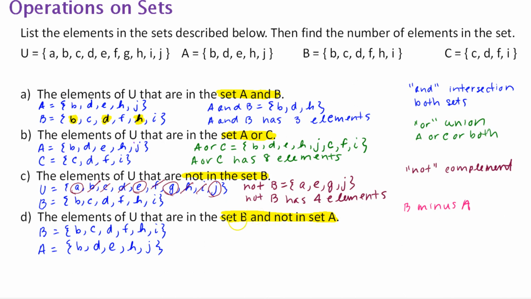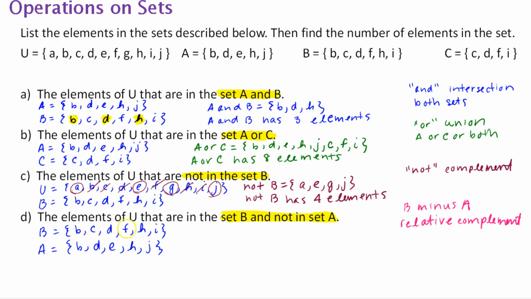But let's try to think about this another way. We want all of the elements that are B, but not in A. So that means we could use this same idea here. We might call it a relative complement. So we're not looking at the set U, we're looking at the set B. And if it's in A, we're going to cross it out.